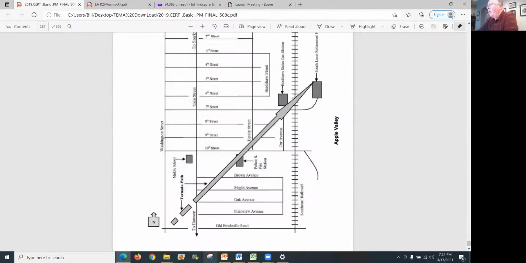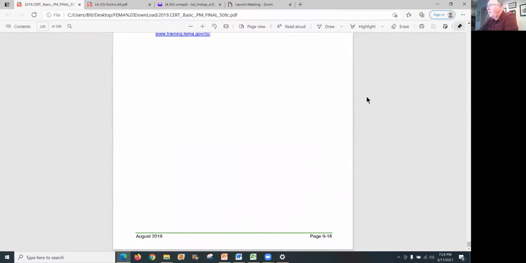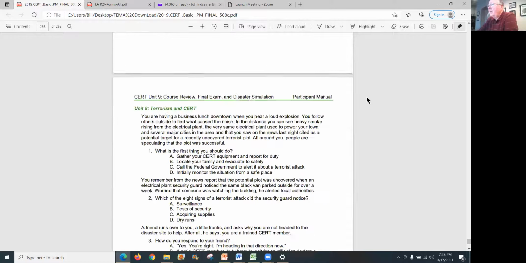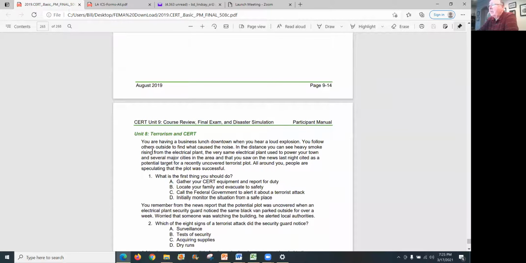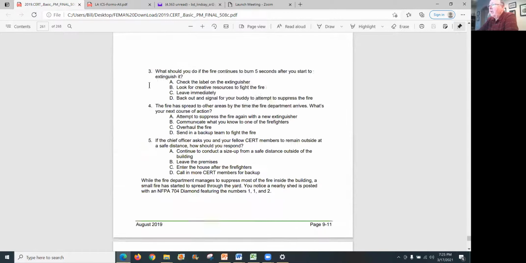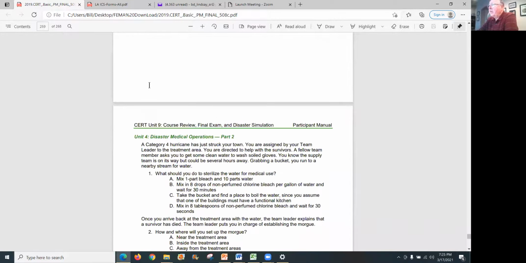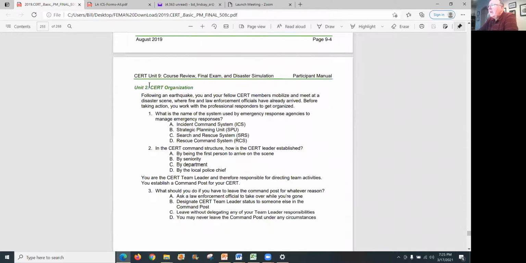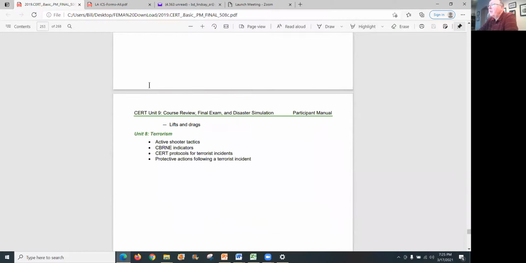Okay, so if you go back to the questions, you can see that there's Unit 9, and the green will tell you what the heading is. These are the questions, and you can answer them since you took the U of U one. There's section 2, section 1.